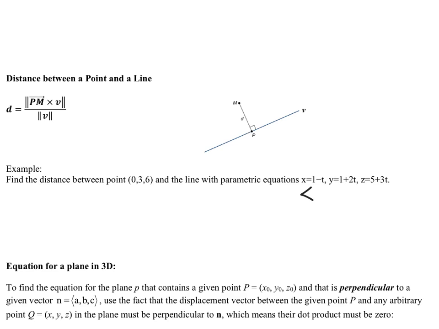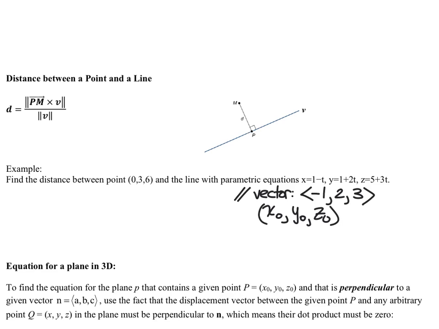1, negative 1, I was looking at the wrong thing, 2, 3 as my parallel vector. X sub O, Y sub O, Z sub O. I'm just working backwards from the parametric form.